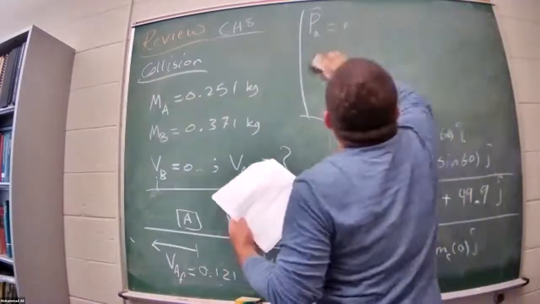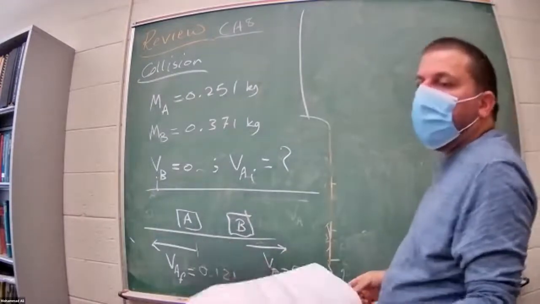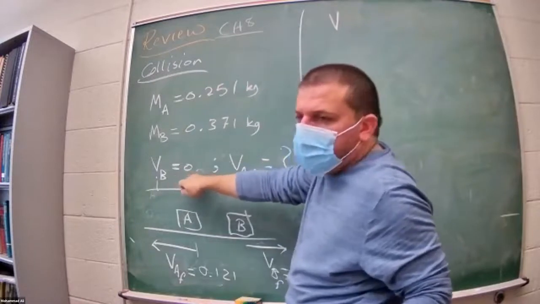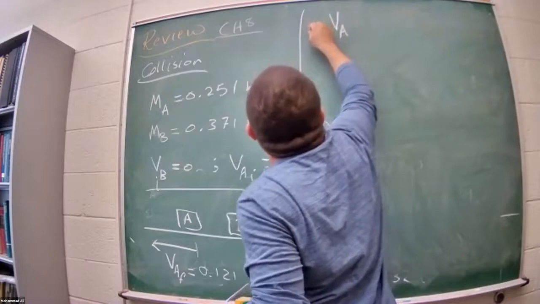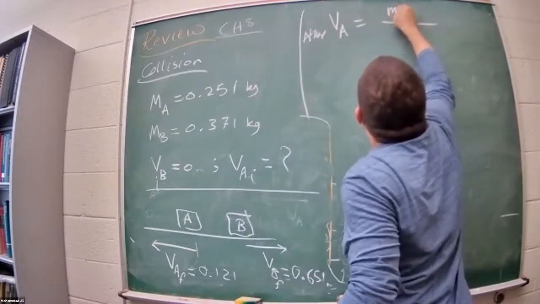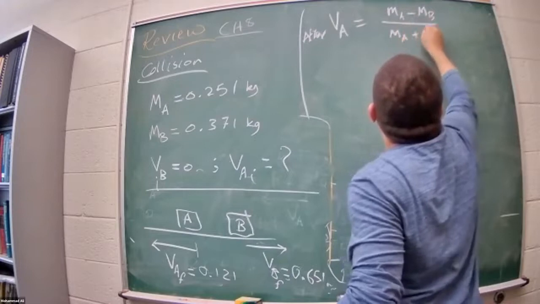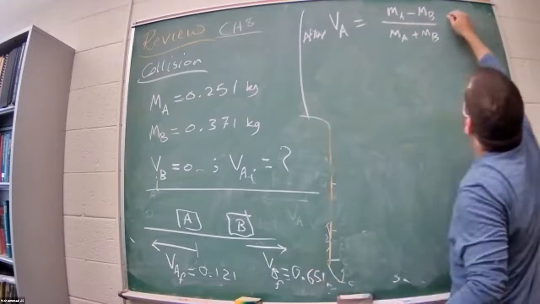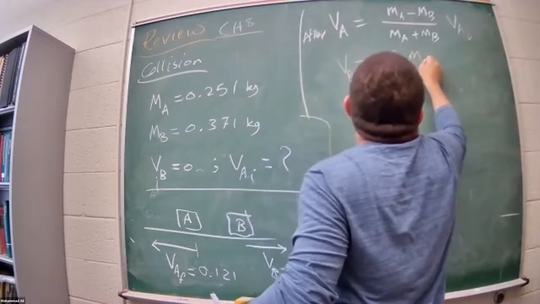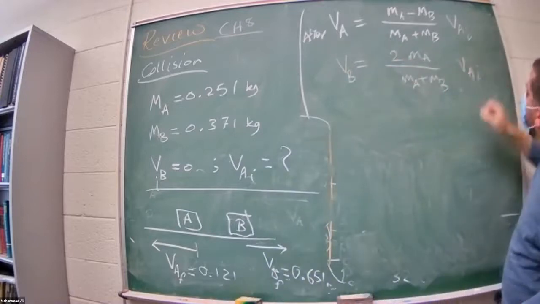I will remind you by two equations. If you remember, for the elastic collision, in the condition when the second object is at rest, we have VA after is equal to (MA minus MB) over (MA plus MB) multiplied by VA initially, and VB is equal to 2MA over (MA plus MB) multiplied by VA initially.